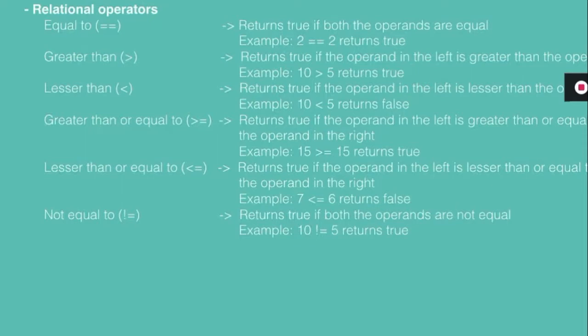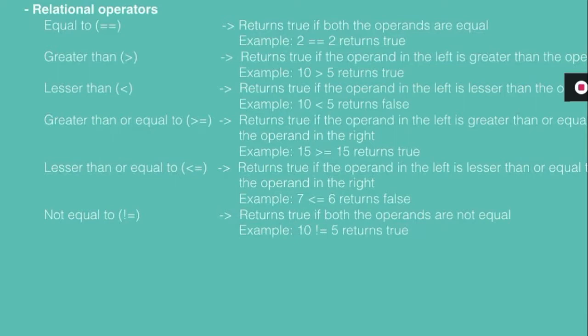For example, as you can see over here, 15 is greater than or equal to 15, so it is not greater than, but it is equal to, so it will return a true value.